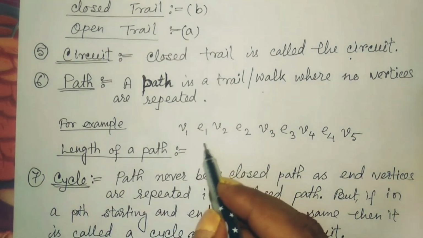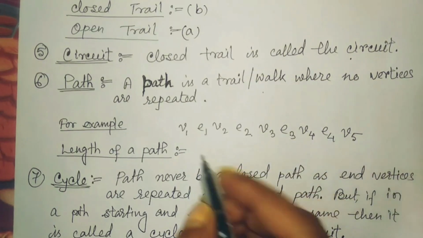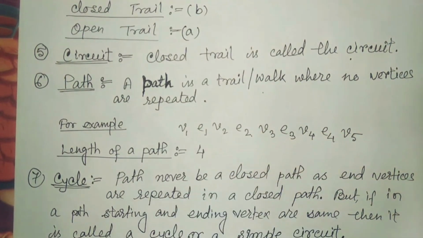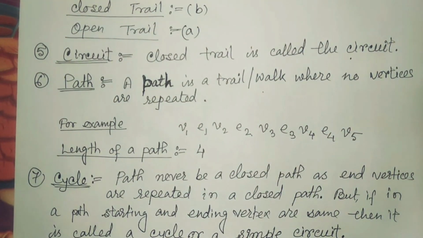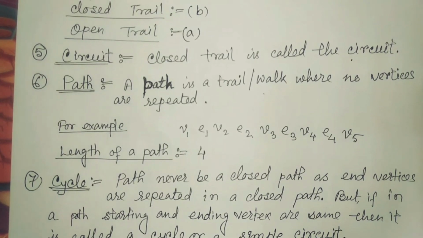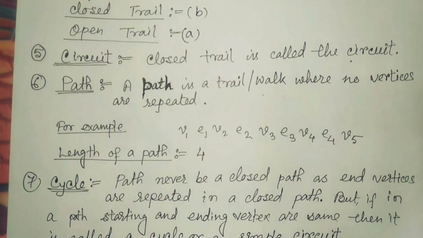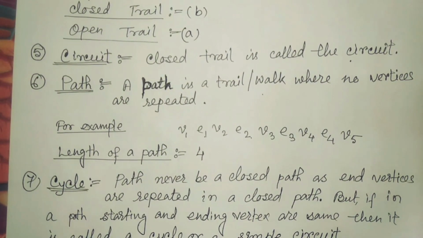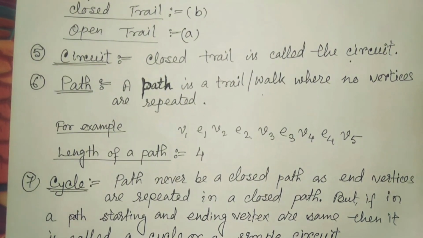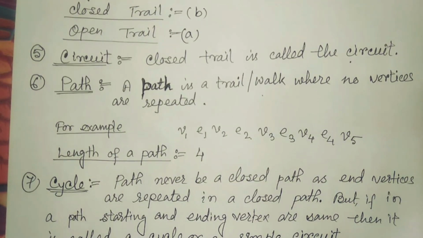The length of this path is 1, 2, 3, 4, so the length is 4. Now a closed path will not happen, because a path means no vertices are repeated. If the starting and ending vertices are repeated, it no longer obeys the definition of a path. That's why a closed path will not happen.